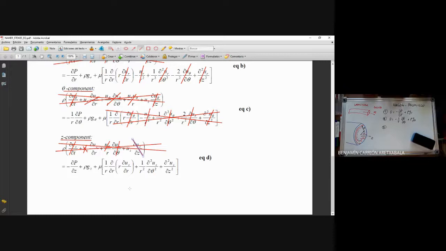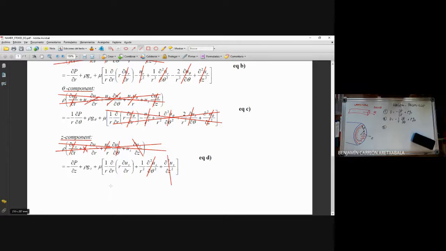Now, let's go here. We know that the derivative of uz with respect to z is 0. Therefore, the second derivative is also 0. So this guy is 0. We already said that this is not going to change over theta, so this is 0. And this we can't really eliminate because we don't know how the velocity is going to change with respect to the radius.